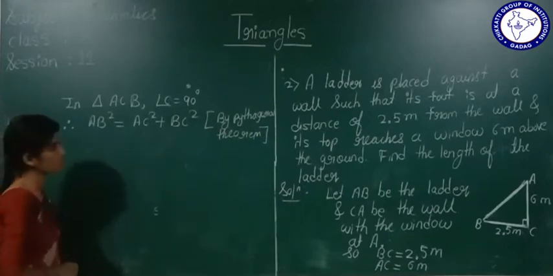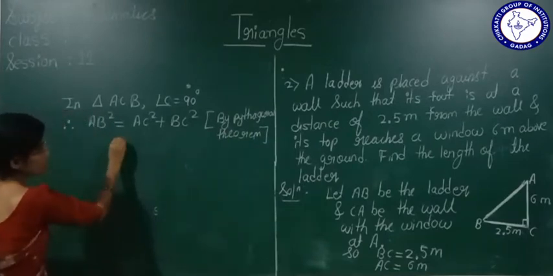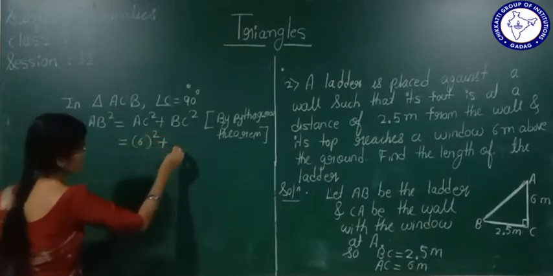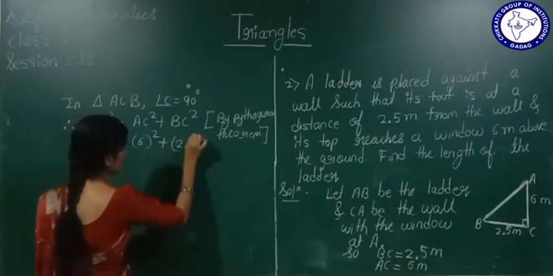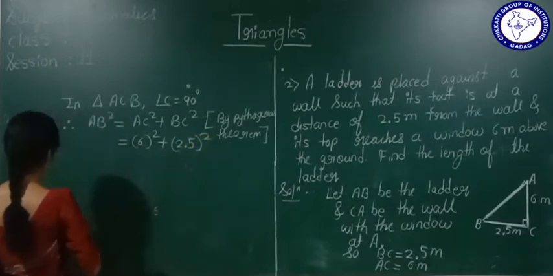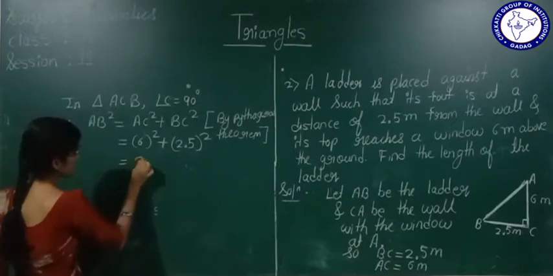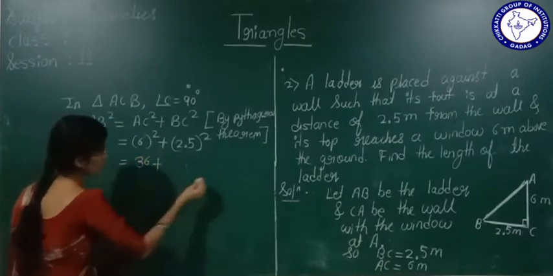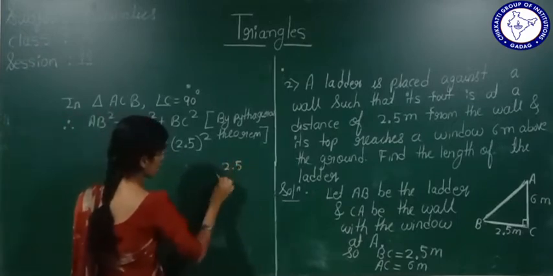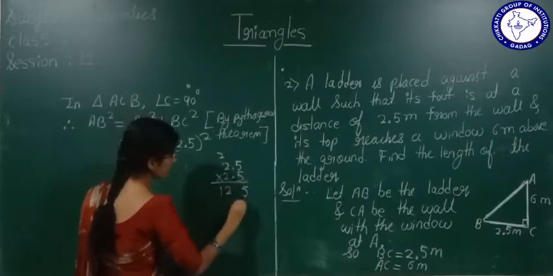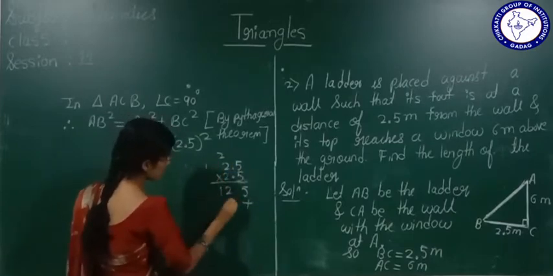Now see, substitute the values. What is AC? AC is 6 whole square plus BC is 2.5 the whole square. So 6 square is 36 plus 2.5 into 2.5. What is that? 5 5s are 25, 5 2s are 10, 2 2s are 4 plus 1 is 5.